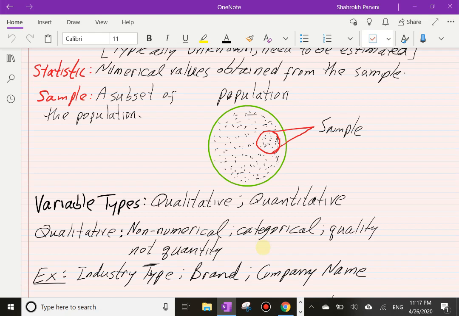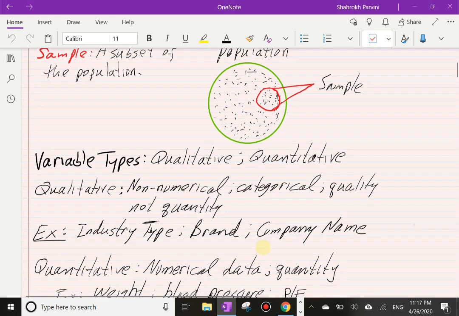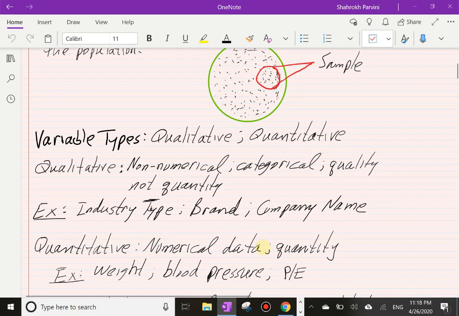Or a company name, for example, IBM, Netflix, Google, what have you. So these are all examples of qualitative variables. Now, quantitative variables, on the other hand, these are numerical data.